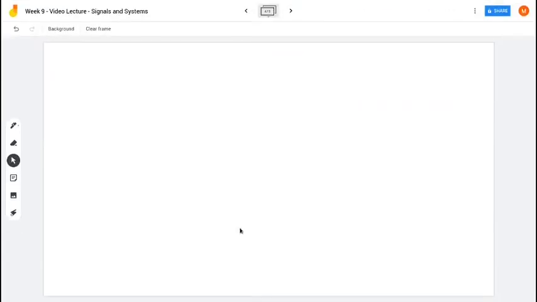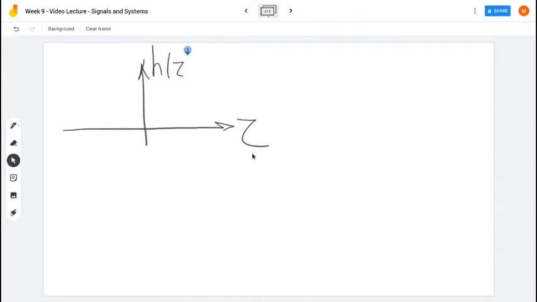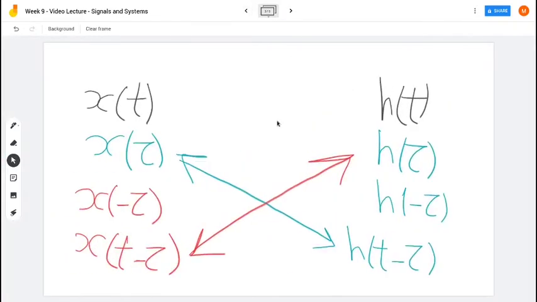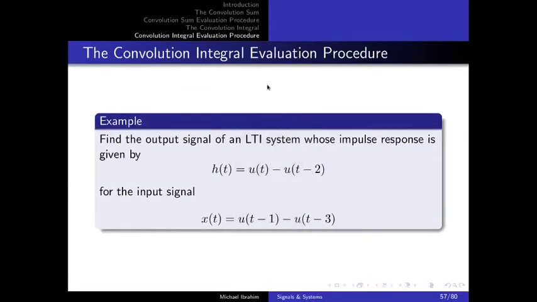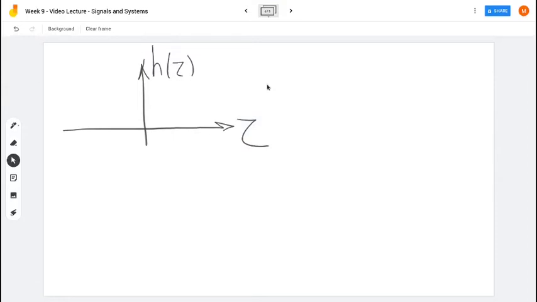So going to our whiteboard over here, let this be h of tau, the impulse response, which is u of t minus u of t minus 2, as you can see over here. So it's basically a rectangular pulse starting at 0 up to 2.